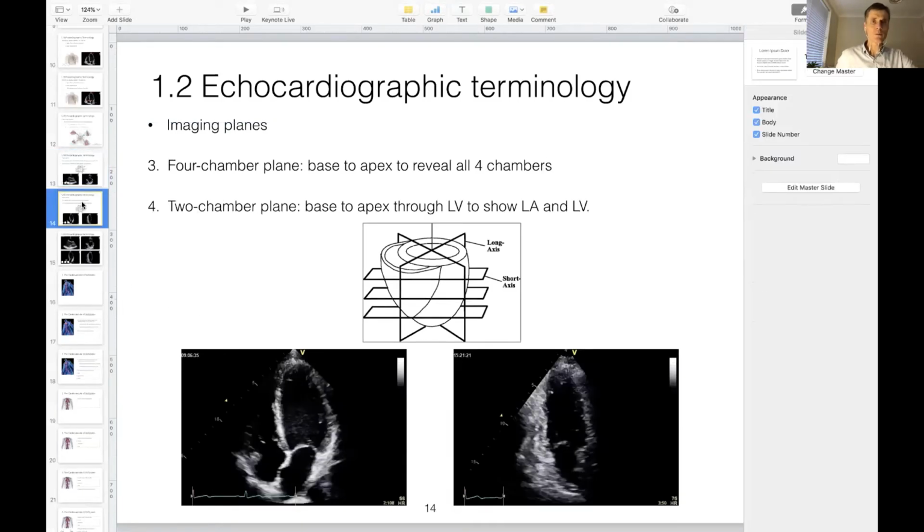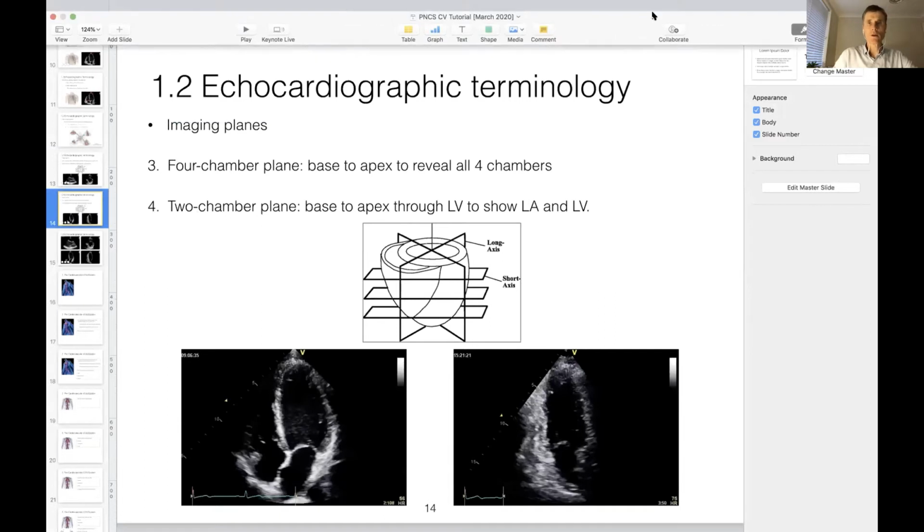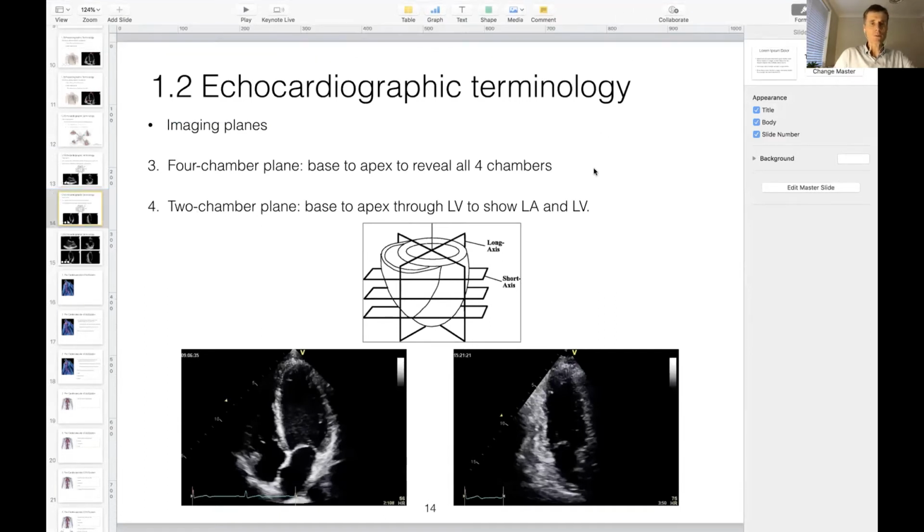Two other important planes to be aware of are the 4-chamber plane and the 2-chamber plane. The 4-chamber plane is a plane that cuts the heart from base to apex, or apex to base, whichever way you want to look at it. And it reveals all 4 chambers.